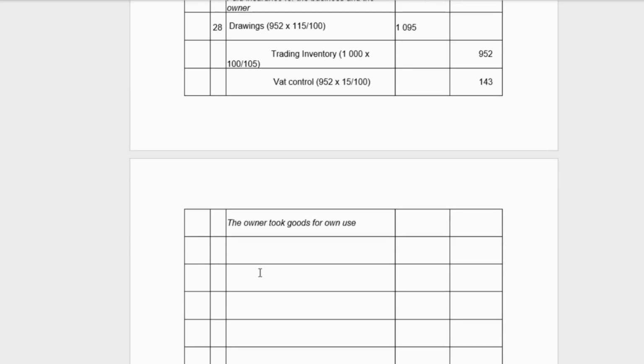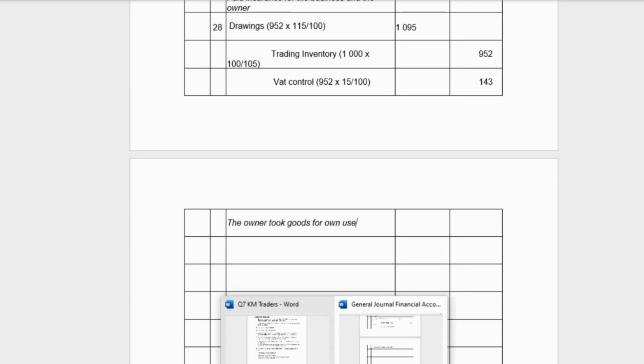So we also have the last transaction on the question right there. Let's see, what does it say?